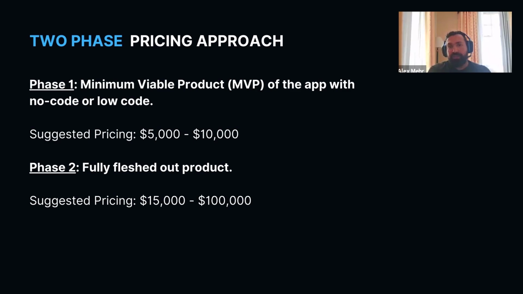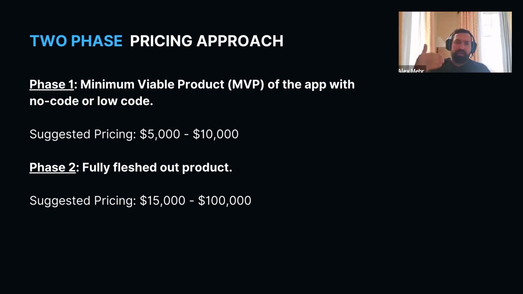I put a suggested price range here, 5 to 10K. I'm telling you guys, with a little bit of effort, a lot of times you can build this yourself. I'm talking to agency owners, but if you're doing it for yourself, same concept.